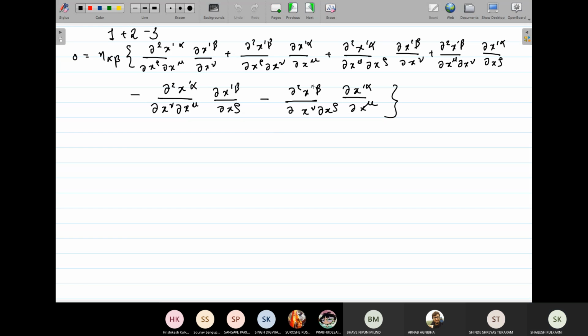You see, these are same because these are partials, so I can say del x nu del x rho is same as del x rho del x nu. So this will go with this. Okay, these are same. Now which one else is same? This one.